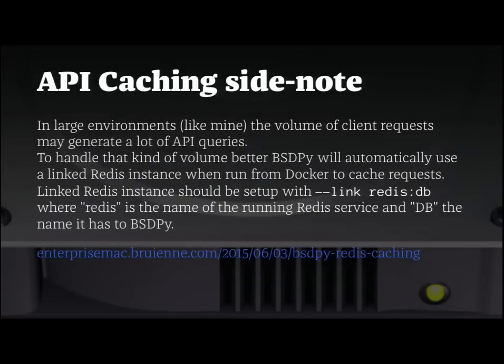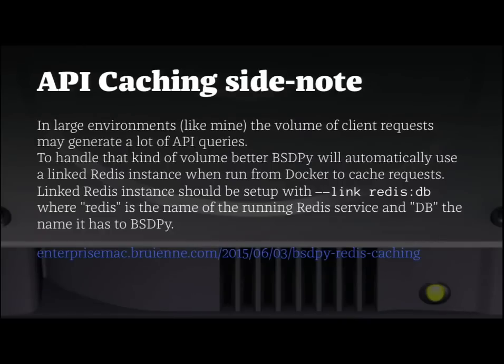So if you have Redis running and BSDPy recognizes that you have it running by virtue of that link that you see over there, if it finds a bunch of environment variables that start with DB, it assumes and checks that it has a valid Redis instance running somewhere. It will store those API responses in Redis with an expiration.